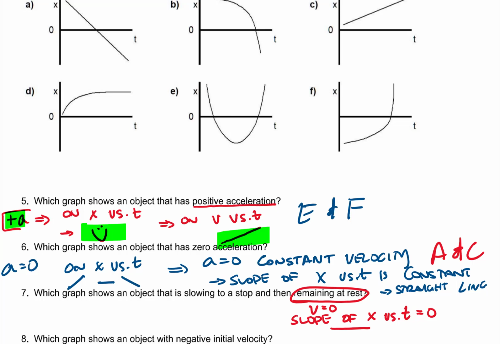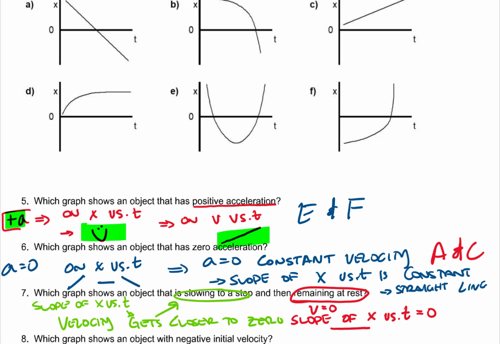And then if we are slowing to a stop, basically what that means is the velocity gets closer to 0. So the slope of x versus t gets closer to 0.